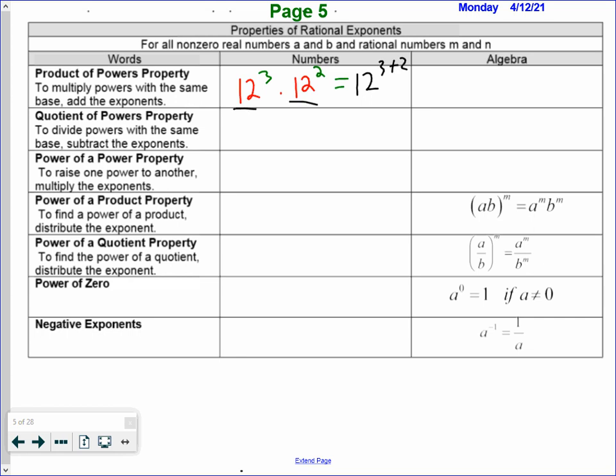Our bases are the same, and you're multiplying them together, so you add the exponents, so we get 12 to the 3 plus 2, or really just 12 to the 5th.